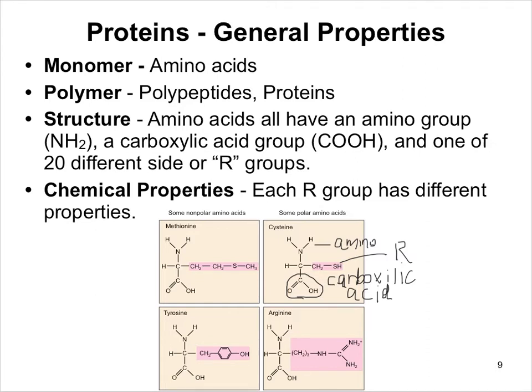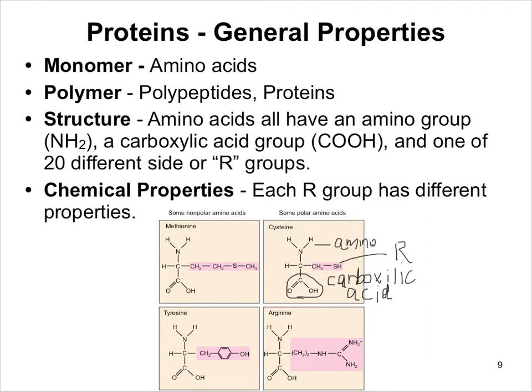And over here, this is arginine. Arginine is also polar, and not just polar, it's also charged. This is actually a basic amino acid, and so it can act as a base. So the amino acids can be acidic, basic, charged, polar, non-polar, hydrogen bond forming, non-hydrogen bond forming.